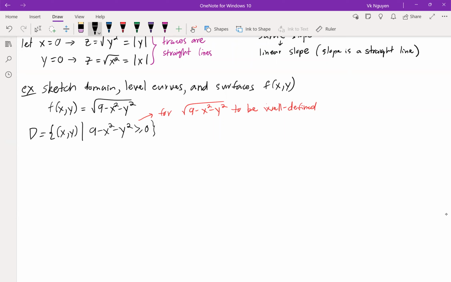Okay, this one is the same as x squared plus y squared less than or equal to 9.